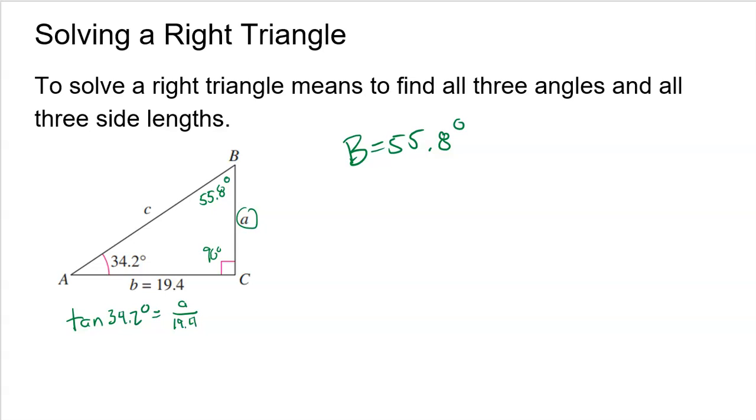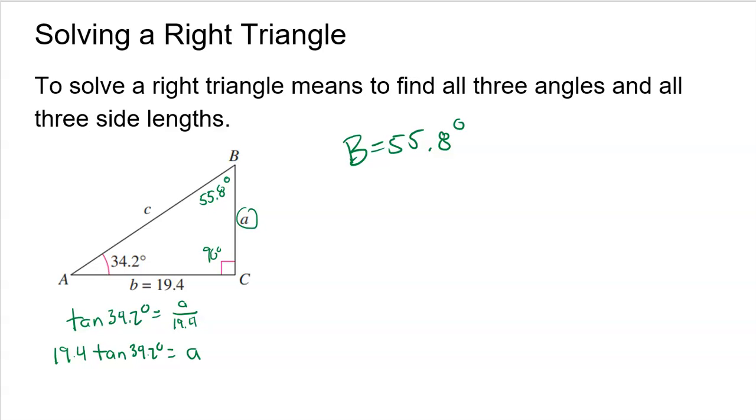And now I'm just going to solve for A. So to solve for A, all I got to do is multiply 19.4 to the other side. So 19.4 times tangent of 34.2 degrees equals A. When you do go to your calculator, please make sure you are in degree mode because we are definitely working with degrees in this problem.